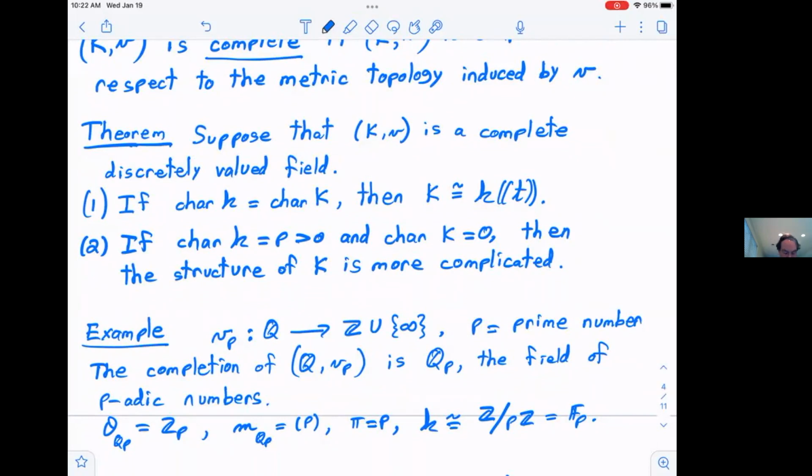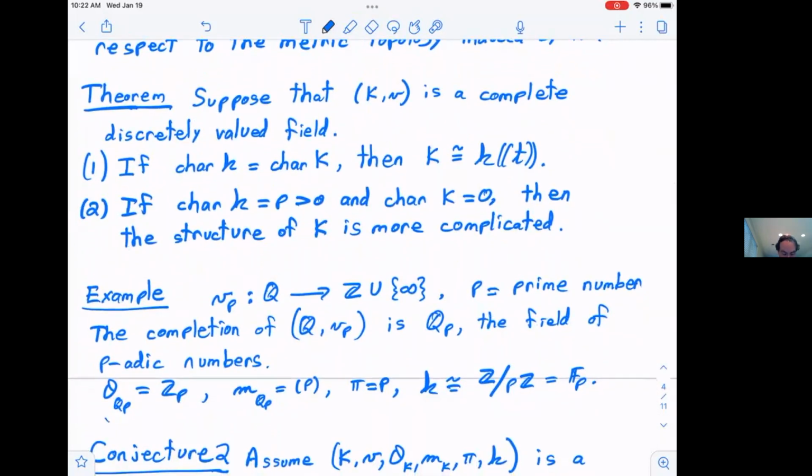And then for the notation above, the ring of integers of Q sub p is usually denoted as Z sub p. The maximal ideal turns out to be the ideal generated by p. That is to say, we can choose pi to be the prime number p. And the residue field k is isomorphic to Z mod pZ, or in other words, the finite field with p elements.